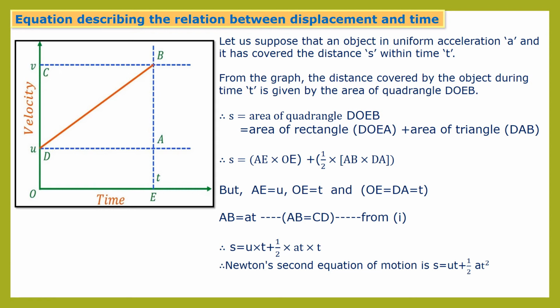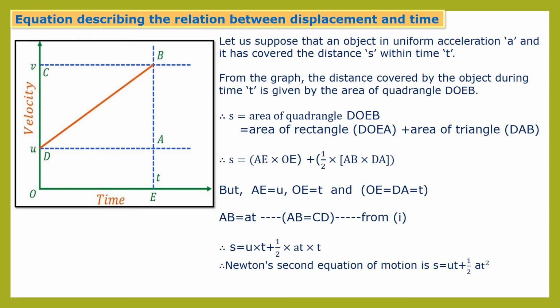From the graph, the distance covered by the object in time t is given by the area of quadrangle DOEB. So s is equal to the area of quadrangle DOEB.